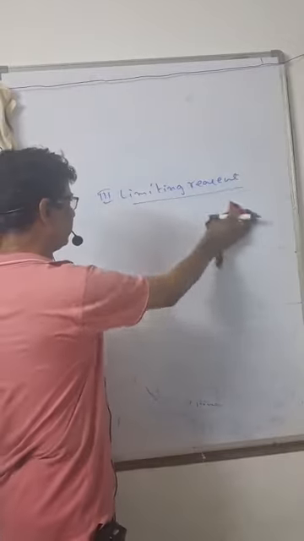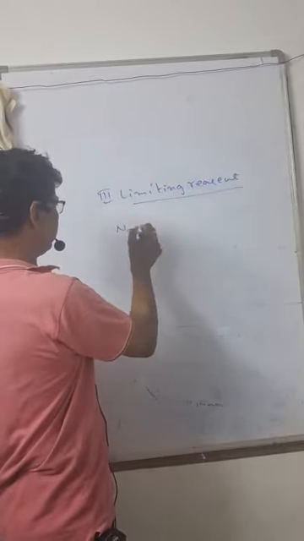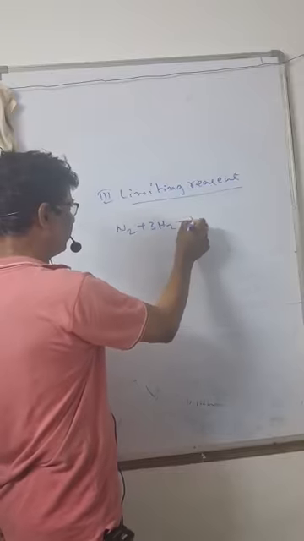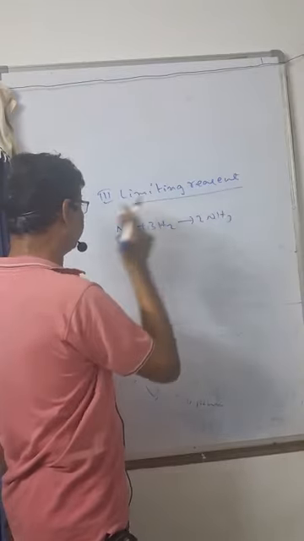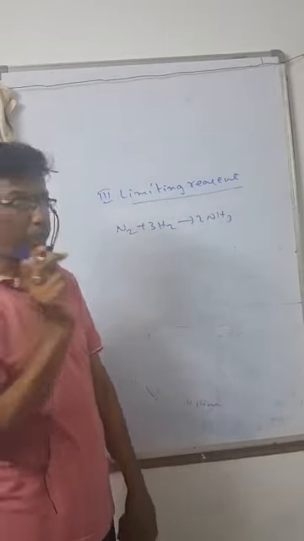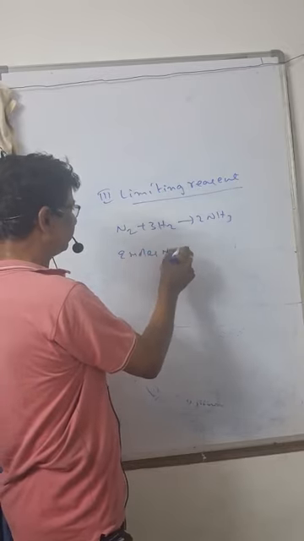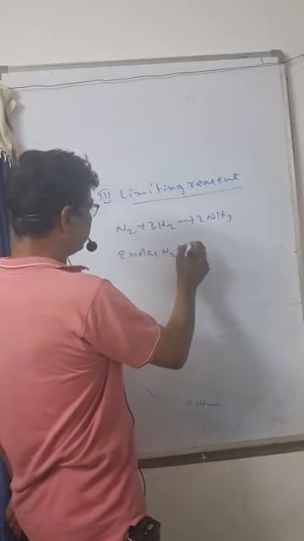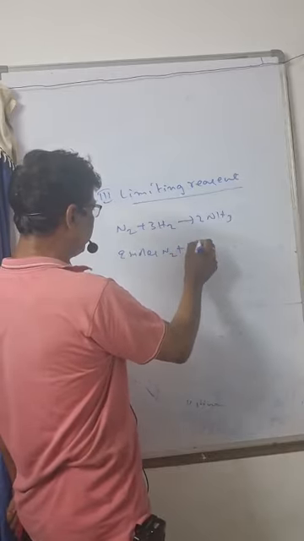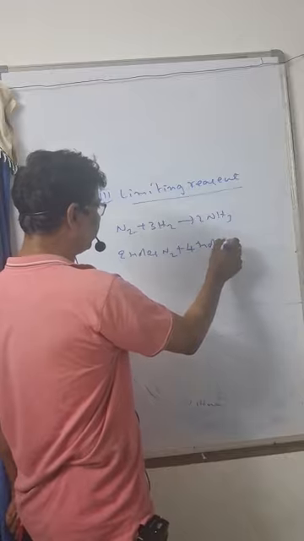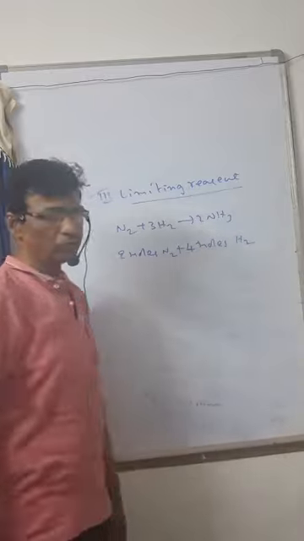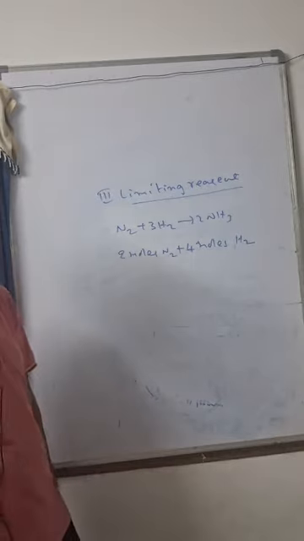I take this example: N2 plus 3H2 gives 2NH3. Just finding the limiting reagent here: 2 moles of nitrogen, 4 moles of hydrogen are mixed.